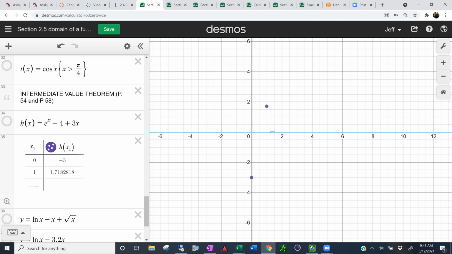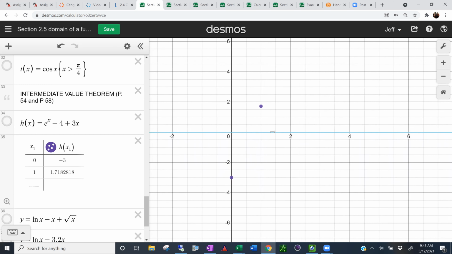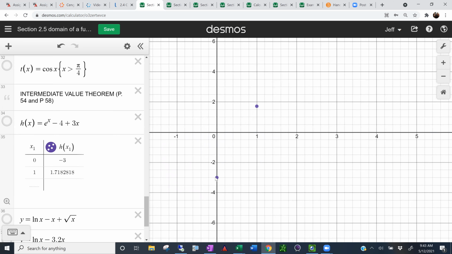Now, the important thing to see is that this function starts out at -3 and goes up to 1.7 something. Okay, so great, what does that mean? Because it's a continuous function, you can't get from here at -3 to here at 1.7 without crossing the x-axis.